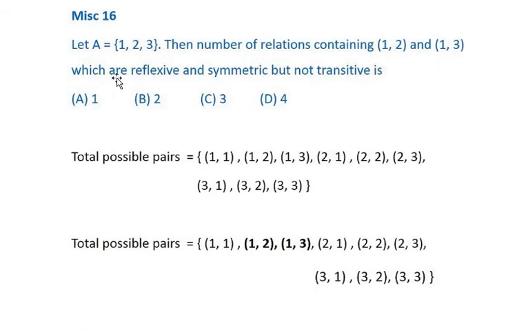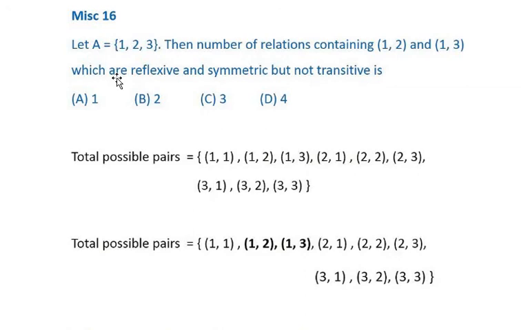Now we want a relation which is reflexive. For reflexivity we know that it should contain (a, a) for all a belonging to the given set. So here, with the set {1, 2, 3}, our relation must contain (1, 1), (2, 2), (3, 3). Minimum these 3 elements should be there.